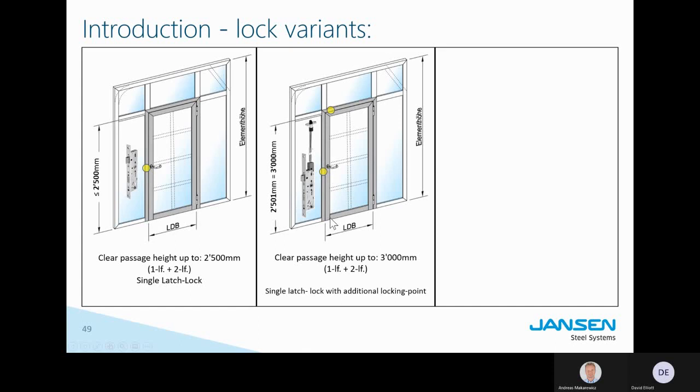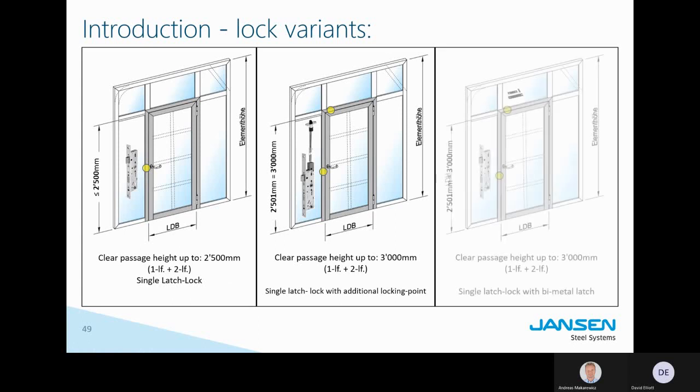It may get stuck in the floor. To prevent that, we recommend a locking point towards the top, so you don't have this risk of blocking the door. So here, single latch lock with additional locking point, 2.5 meters and above, single leaf and double leaf. On fire stop doors, always from 2.50 meters.